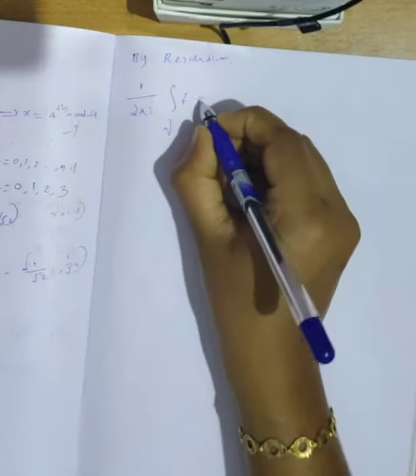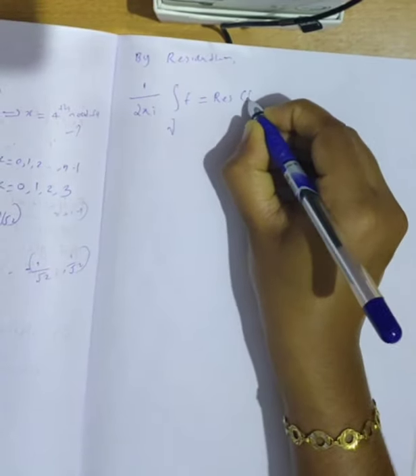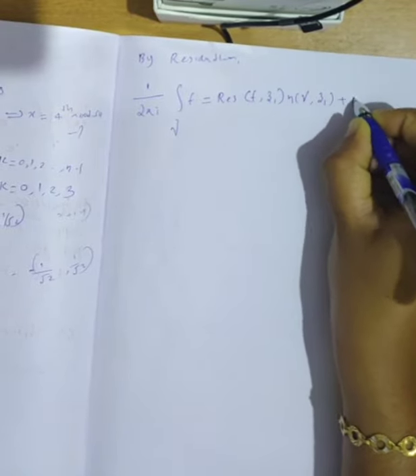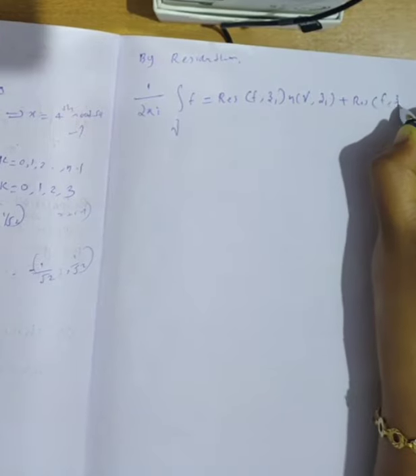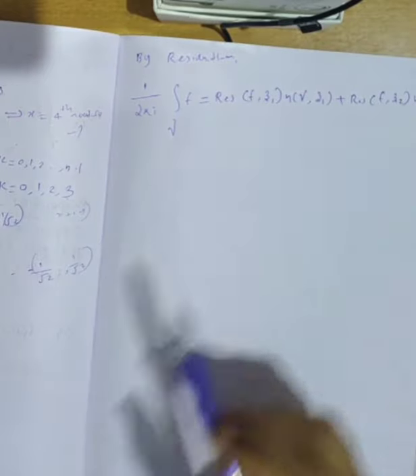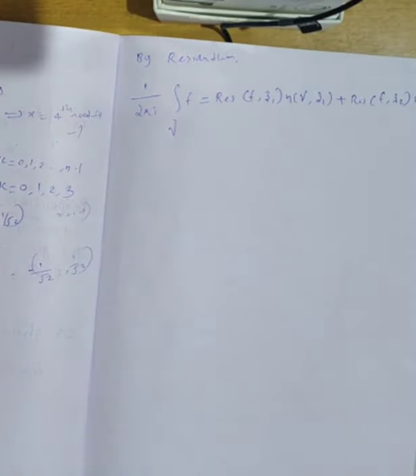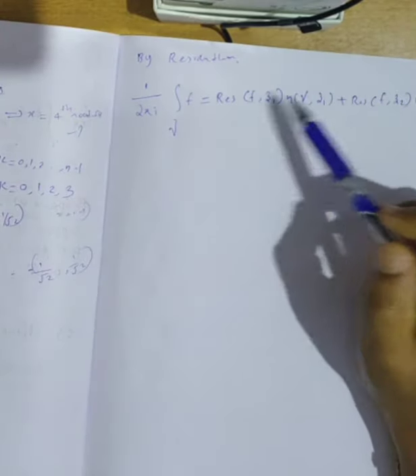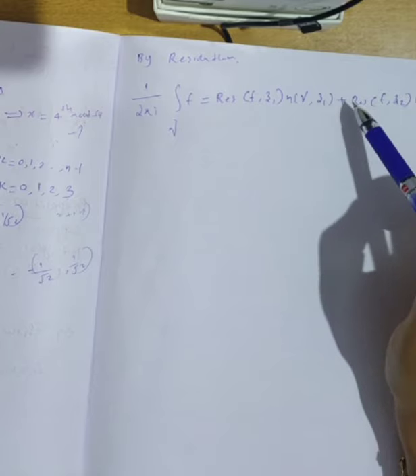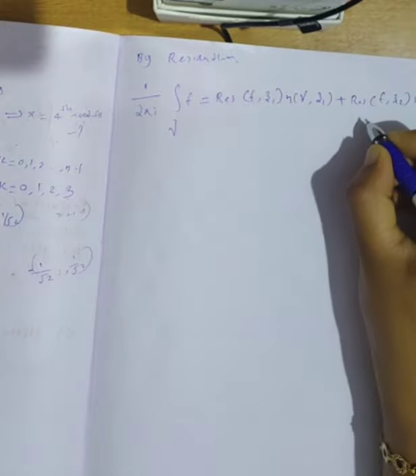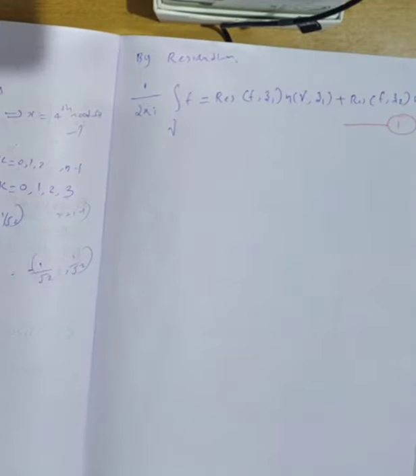So this is equal to residue f z1 n of gamma z1 plus residue f comma z2 n of gamma z2, because Z1 and Z2 are the singular points we consider in the upper half plane. So by the residue theorem we have 1 by 2 pi I into integral gamma f equal to residue of f z1 n of gamma z1 plus residue f z2 n of gamma comma z2. Let this be our 1.